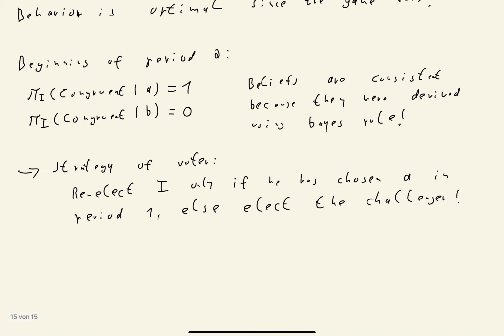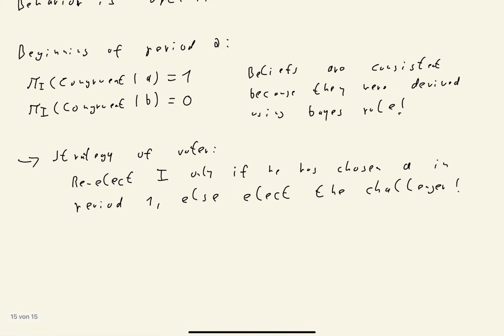And why is that? Why is this optimal? Well, if the incumbent has chosen policy A in period 1, then you know that your belief about the incumbent of being a congruent type, given A, is equal to 1. This is strictly larger than your belief about the challenger of being a congruent type and choosing your desired policy.